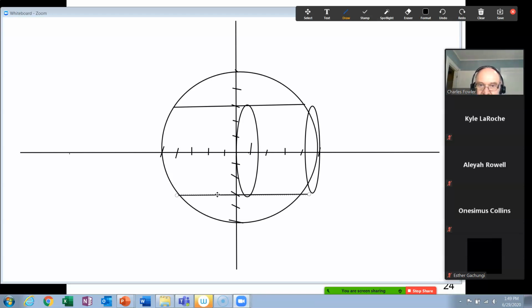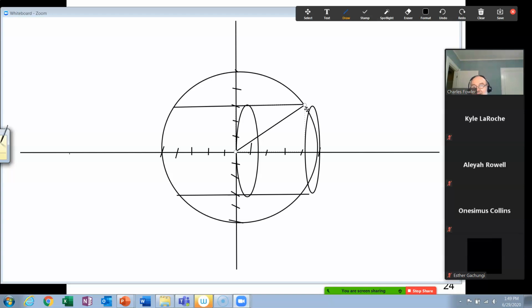Now, I think I'll go now to my curve here. I think I'll do one more construction line here, this line here.